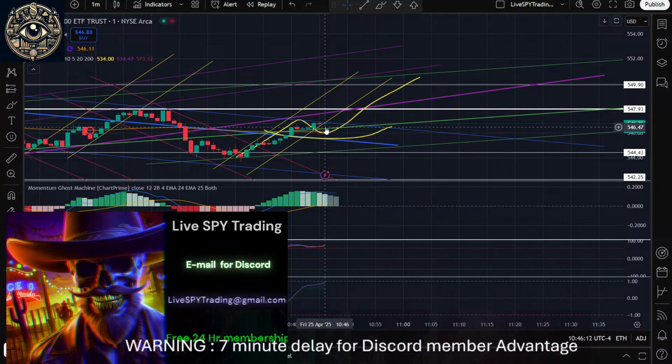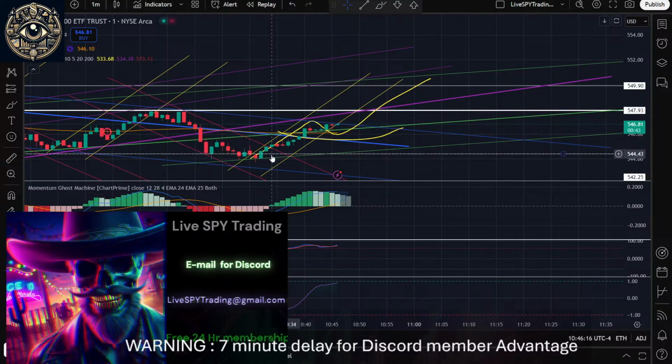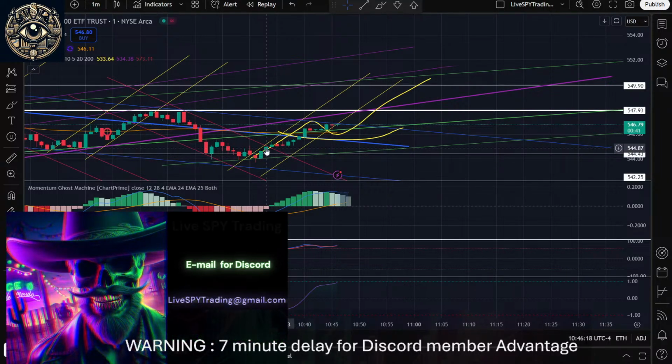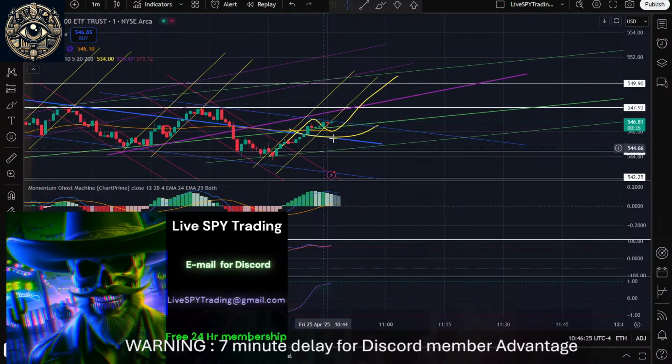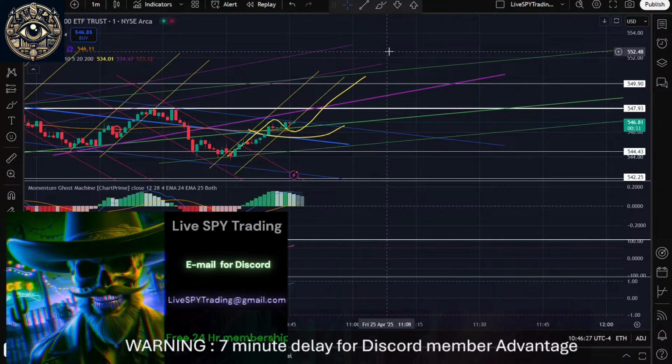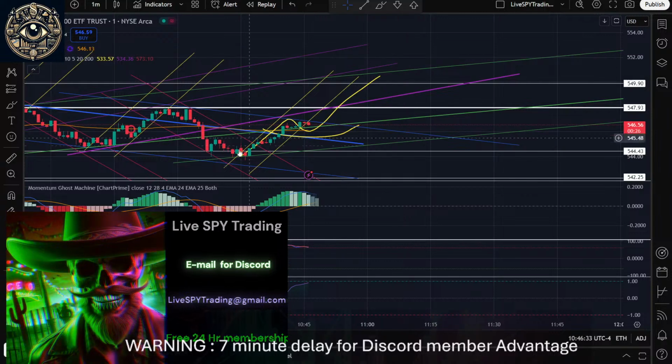I'm at green, so whatever happens, happens after here. Look at this move. Let's say I got filled at the top, 544. A 2-point move. Simply amazing. And I told you guys when I went in, on break of this magenta, I'm going in.